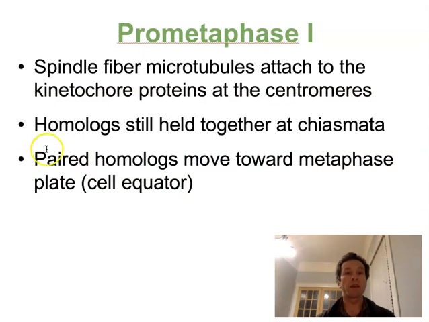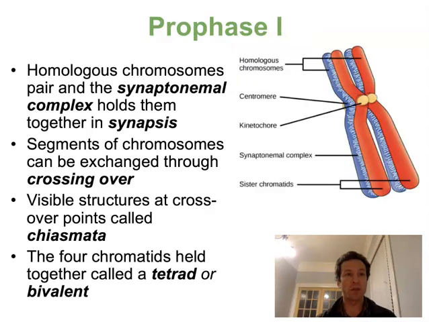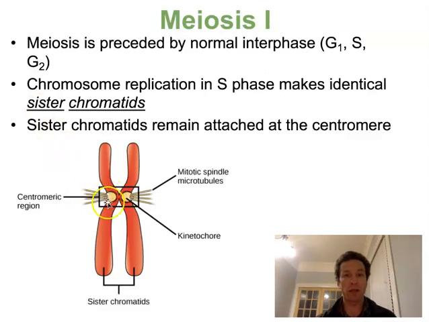In prometaphase, we have spindle fibers that are made of microtubules, and they are going to attach to the kinetochore proteins at the centromeres of the chromosomes. So those were these proteins shown in yellow right here and right here. And that will allow the spindle to move these chromosomes towards the metaphase plate.